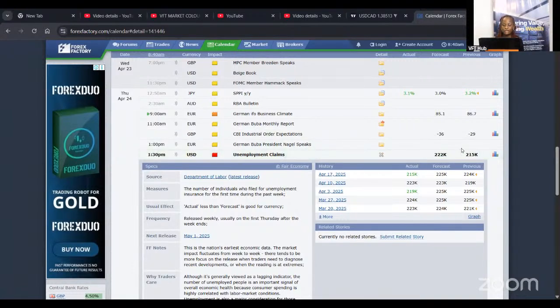If it comes out lower than expected, meaning that people who registered being unemployed came out lower than expected, it typically signifies that the USD economy is resilient, stronger, right? It's stronger than expected. So if this comes out lower than expected, we should be seeing more strength going into the USD. And if more strength going into the USD, we should be seeing more sellers of the AUD.